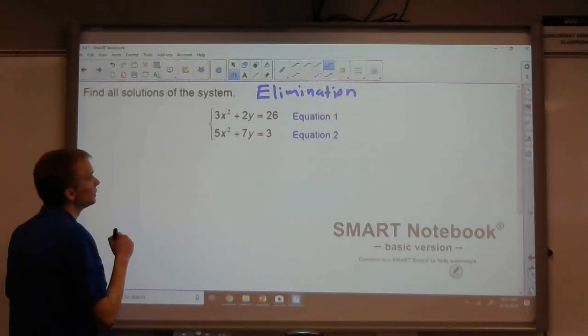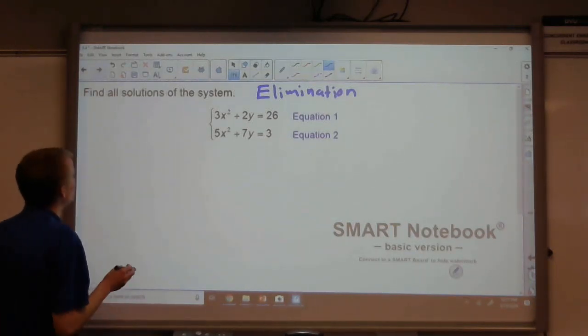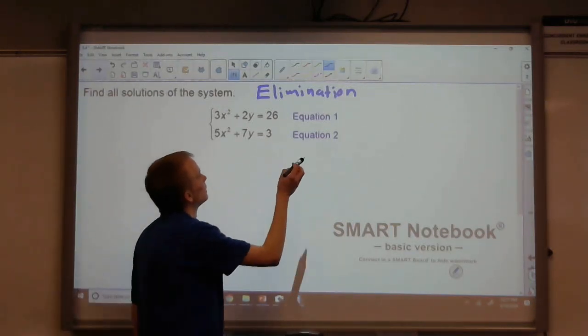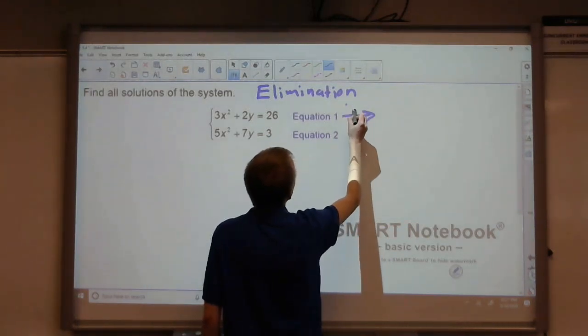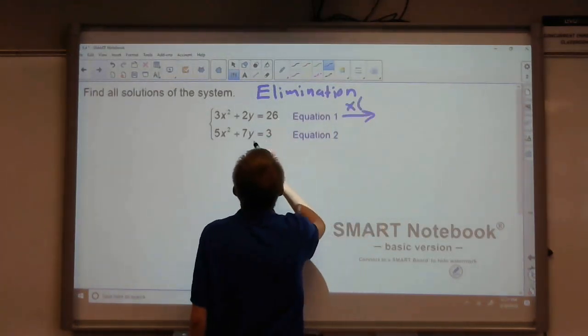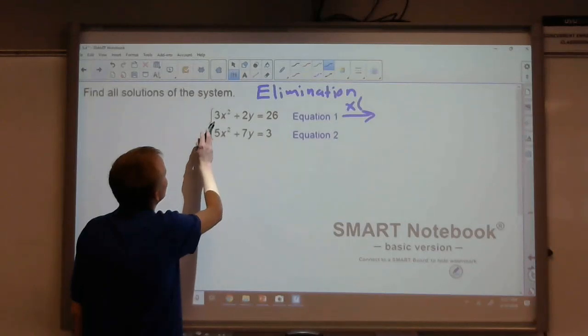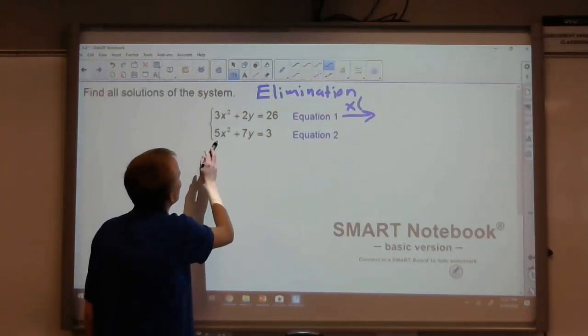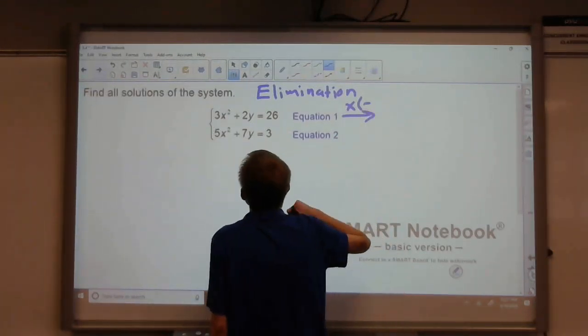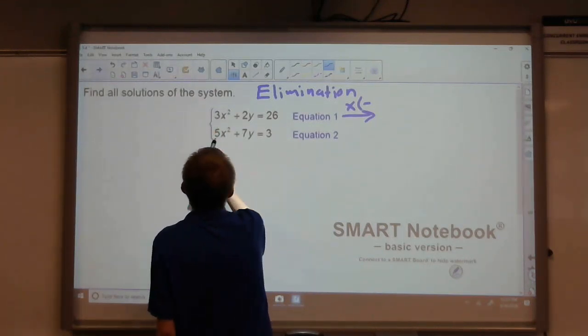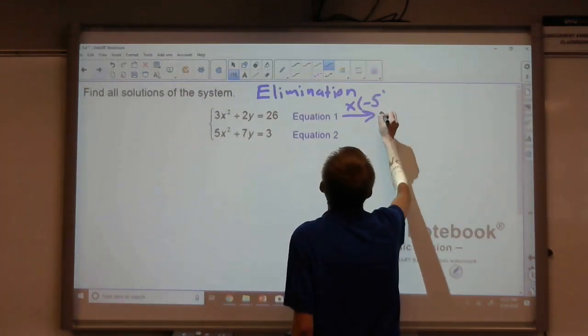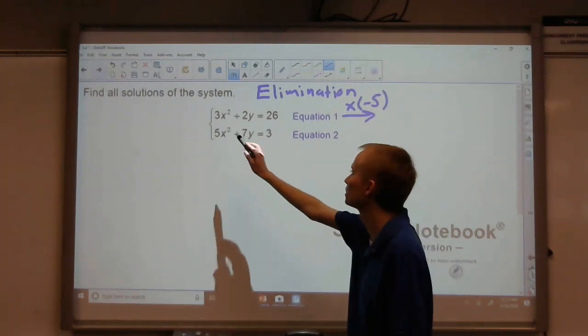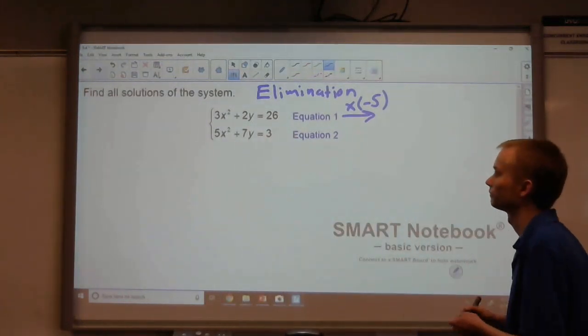So what I'm going to do, I'm going to take equation 1, I'm going to times it by, well, to get it to be opposite of this one, I'm going to need a negative, and I'm also going to need a 5, right? So we'll maybe do -5 times that top one all the way through, okay?